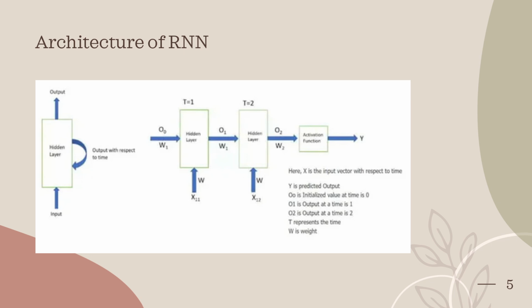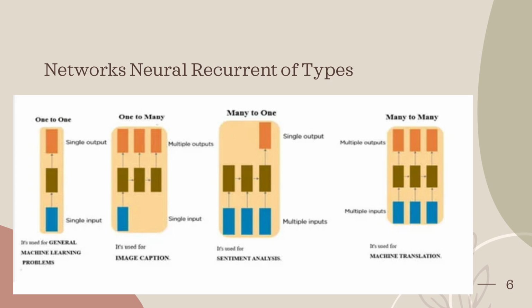Let us move further with the types of recurrent neural networks. As we can see in this slide, there are four types of recurrent neural network: one to one, one to many, many to one, and many to many.